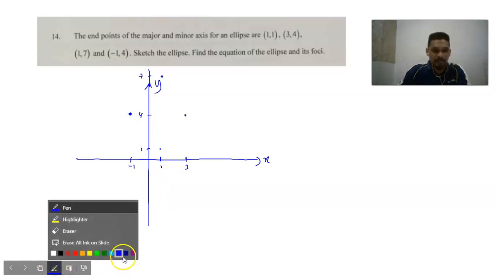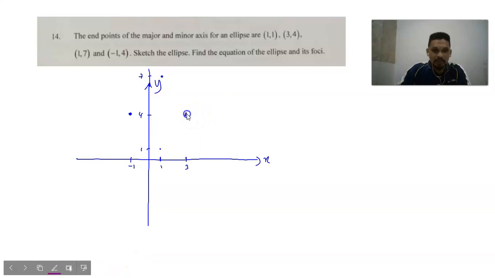Okay, so I use a different color for this; we call these the vertices of the major axis. Now from negative 1 to 1, the distance is 2 units, right? And from 1 to 3 is also 2 units.